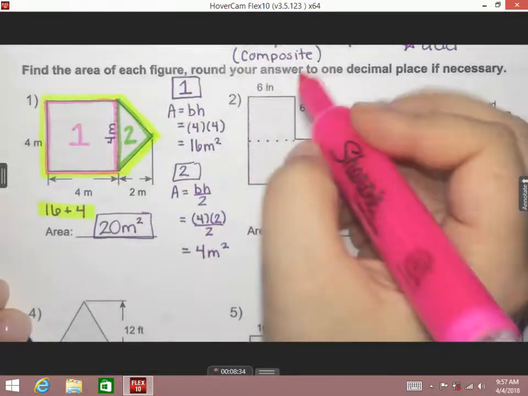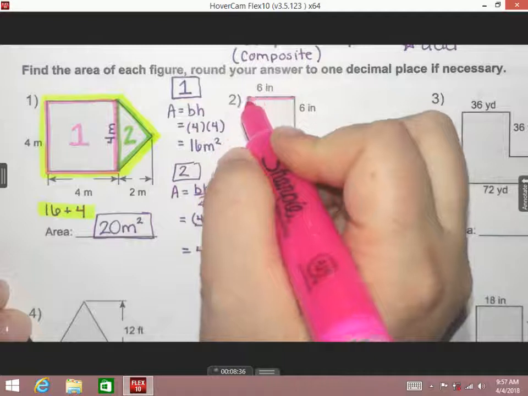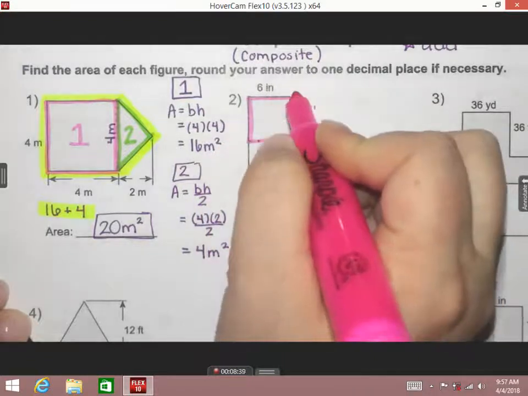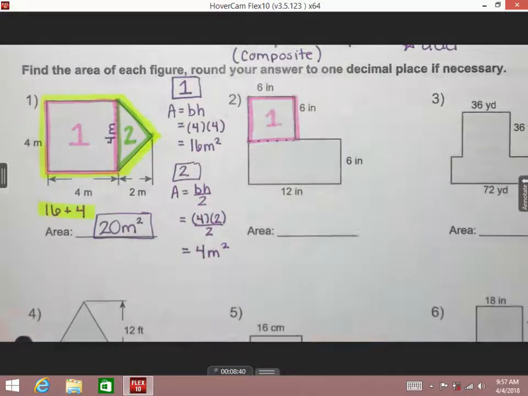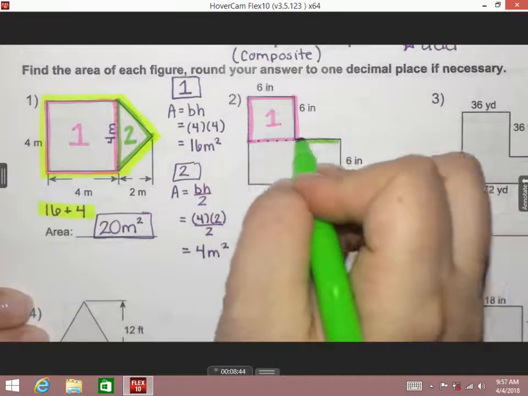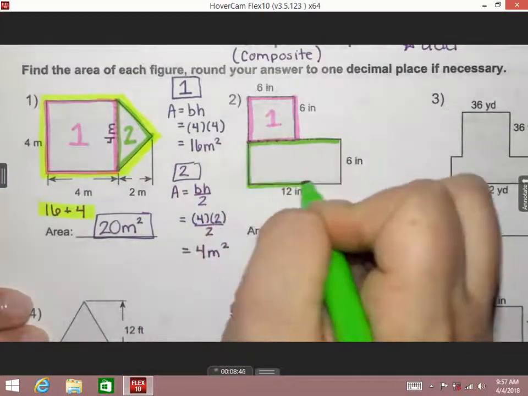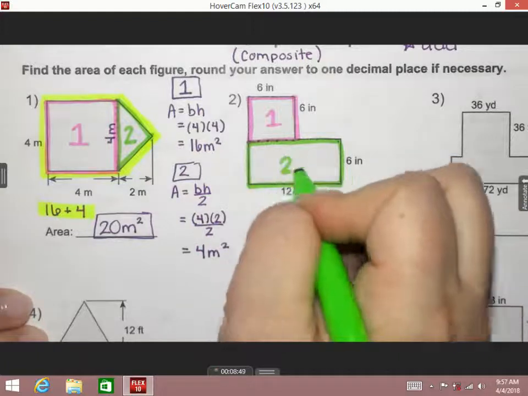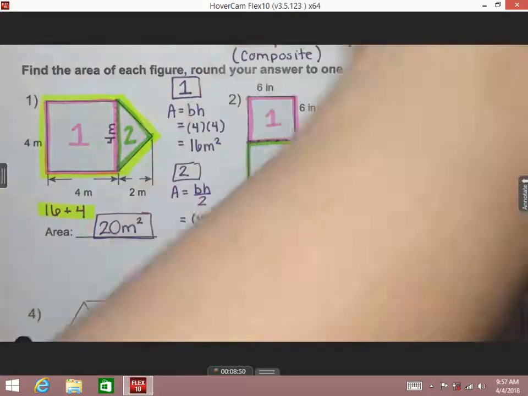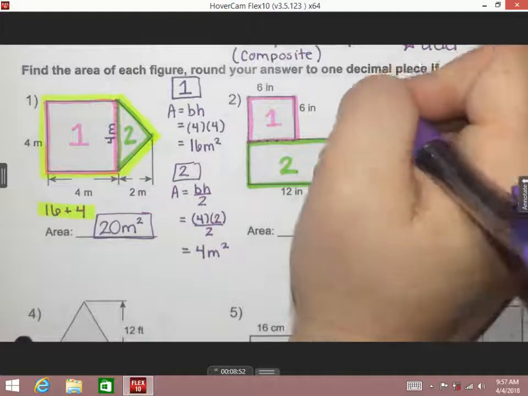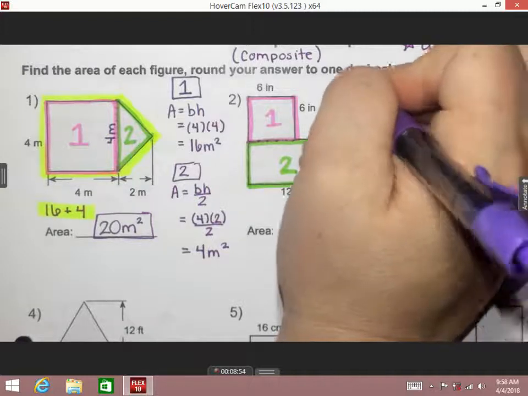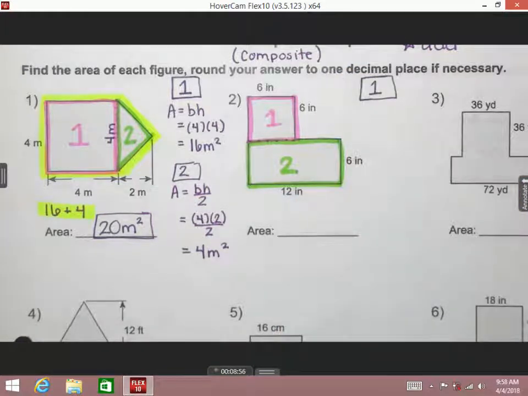All right. So what we're going to do, guys, is we're going to pick this as shape 1. All right, and then I'm going to pick that larger rectangle as shape 2. All right, and I'm going to label my work as always. So labeling my work for shape 1. What is my formula for shape 1?